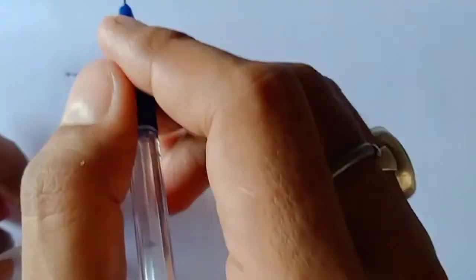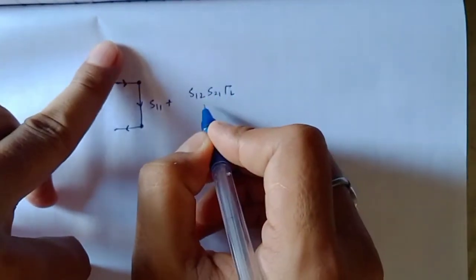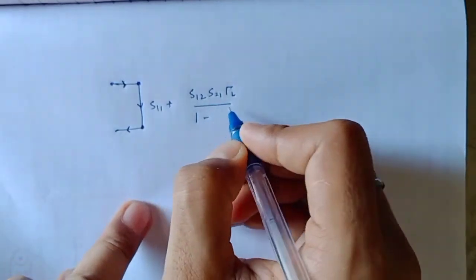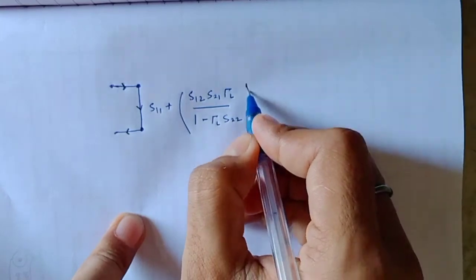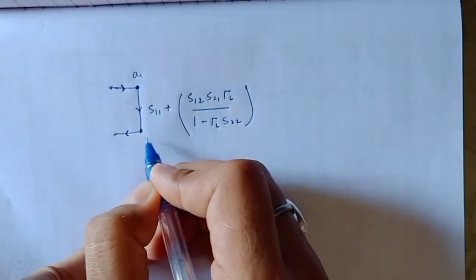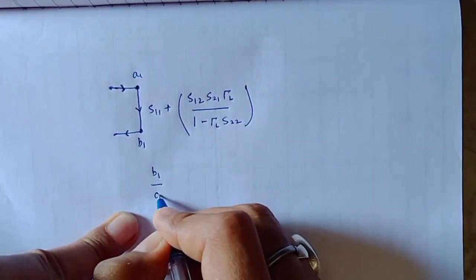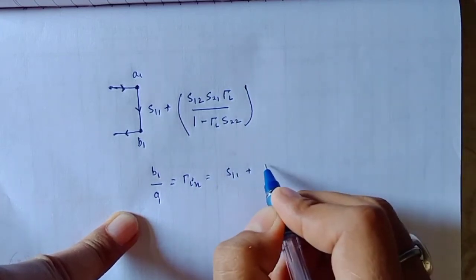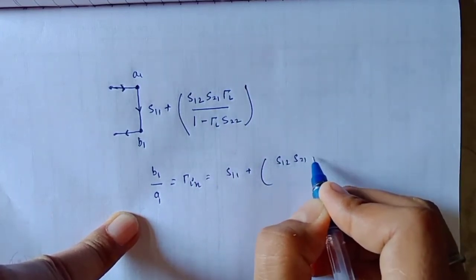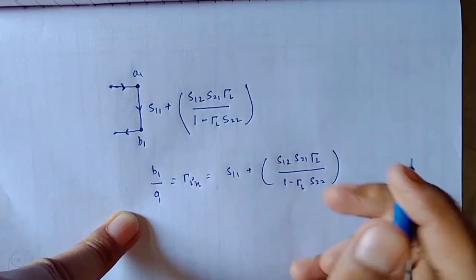That will be S11 plus S12 S21 into gamma L divided by 1 minus gamma L S22. This is A1, this is B1. So finally we got the relation B1 divided by A1 equals gamma in, which is S11 plus S12 S21 into gamma L divided by 1 minus gamma L S22.